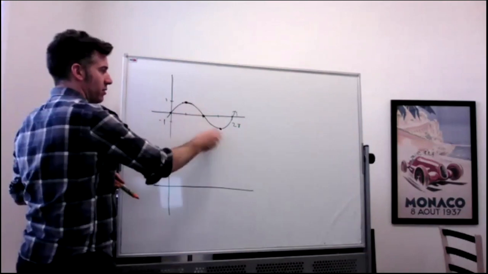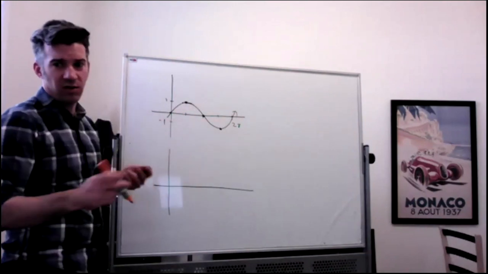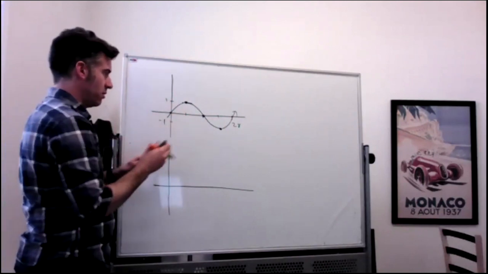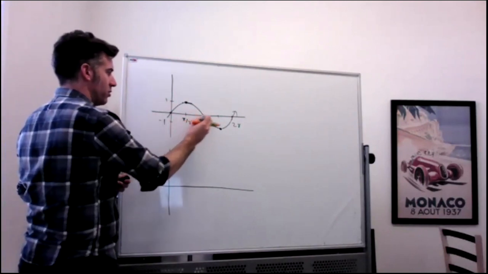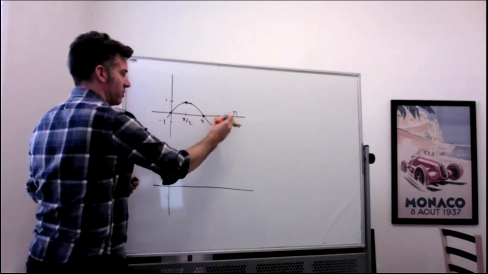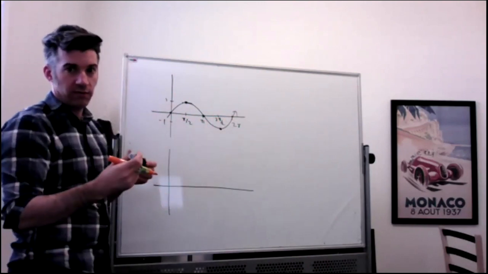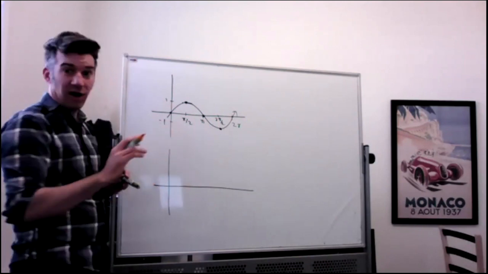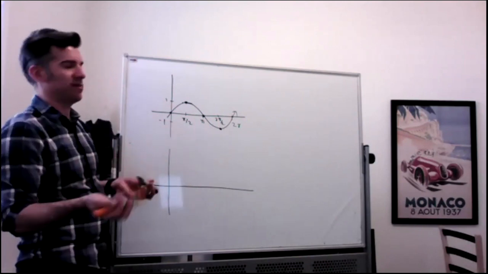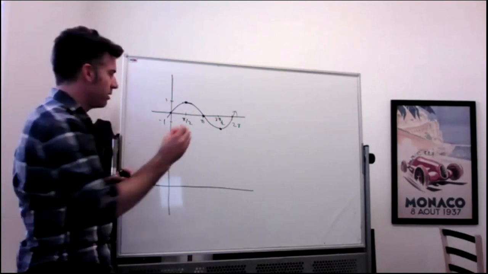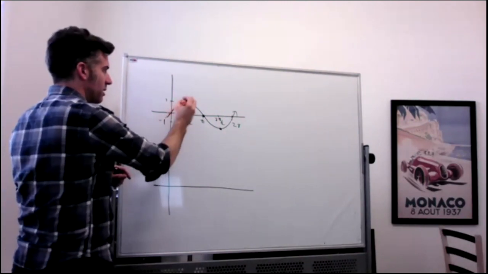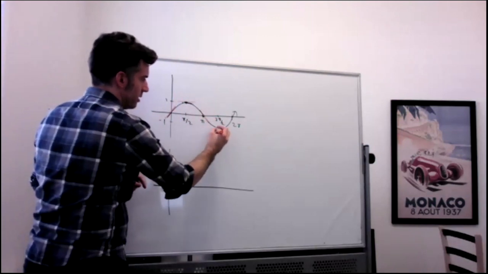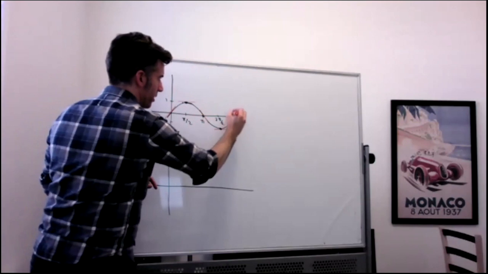The highs and the lows and the middles, or basically all the points that are the beginning and ends of quadrants, right? 0, pi over 2, pi, 3 pi over 2, and back to 2 pi, which is one full period. So I'm going to draw myself some tangent lines. I guess they're like tangent pieces. Here's a tangent piece. Here's a tangent piece. Here's a tangent piece. Here's a tangent piece. And here's a tangent piece.